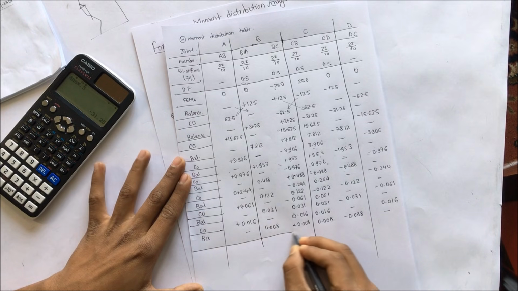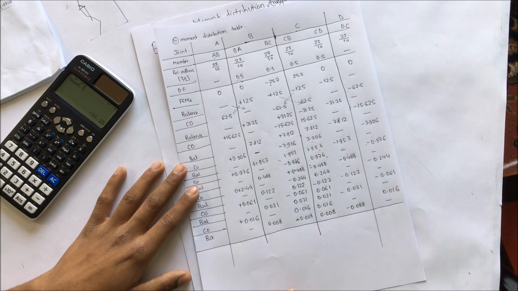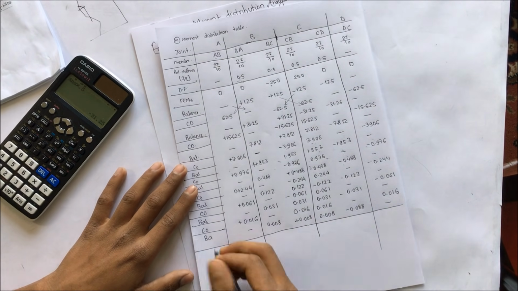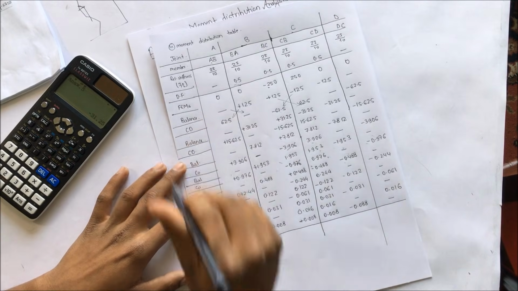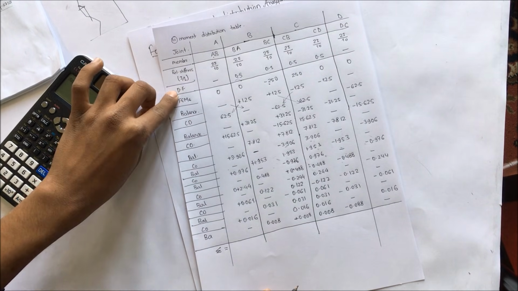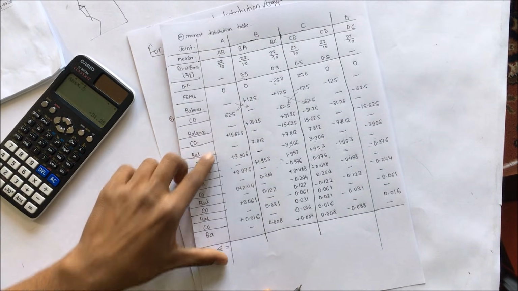And the last step in this table is to calculate the total, the summation, and we have to calculate from the fixed end moment only, not this DF. You have to eliminate this while calculating the sum.